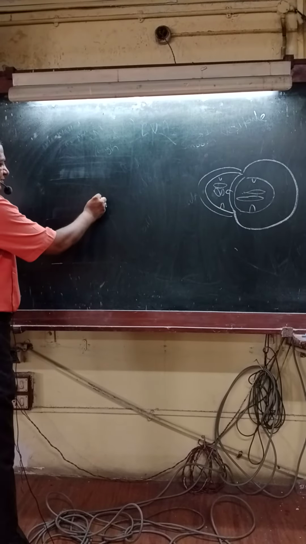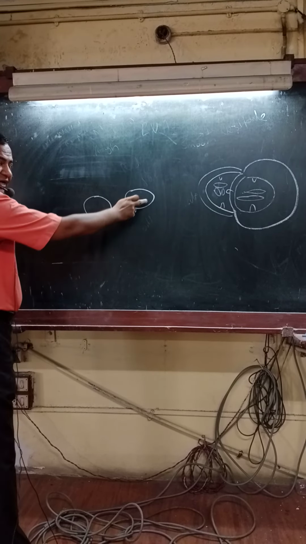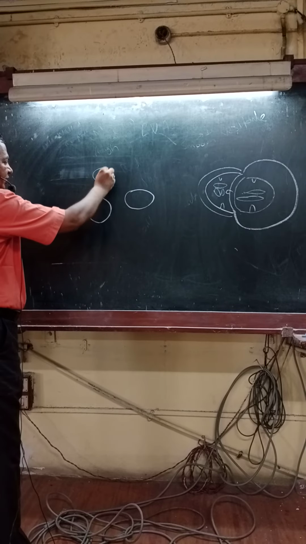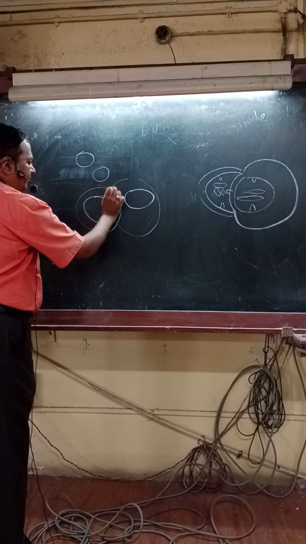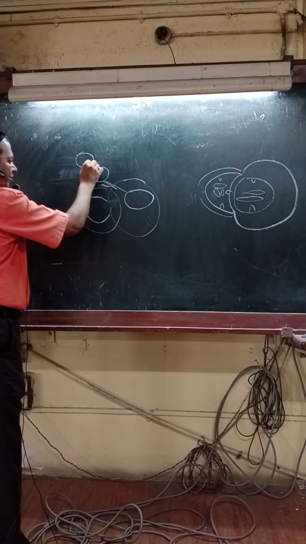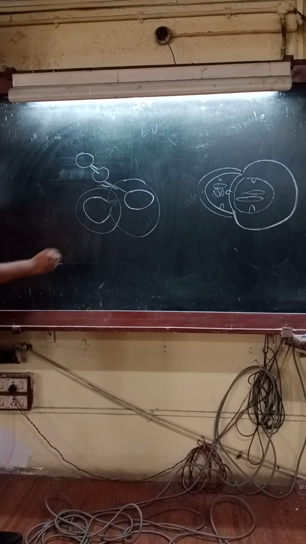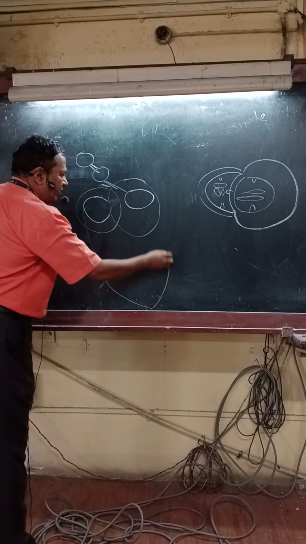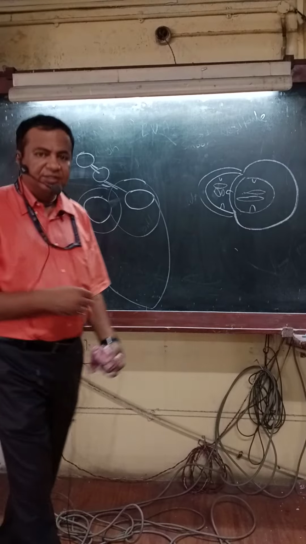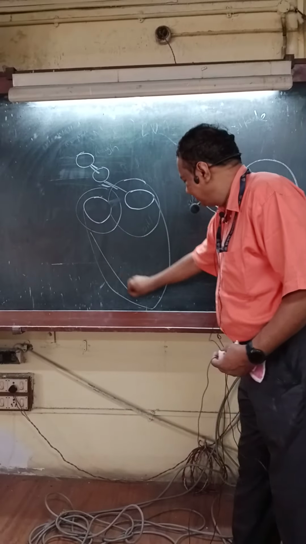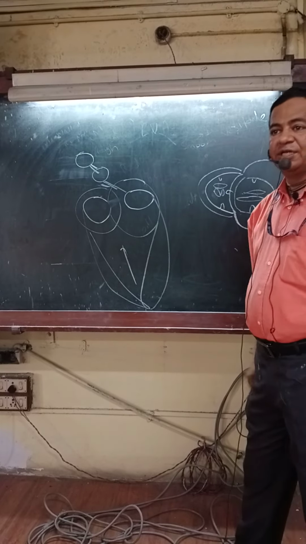For example, this is the tricuspid valve, this is the bicuspid mitral valve, then the pulmonary and aortic valves. Surrounding all of them and connecting all of them is the fibrous skeleton of the heart. The fibers arise from here, go down, take a turn, and come up. When they contract, they push the blood outside.